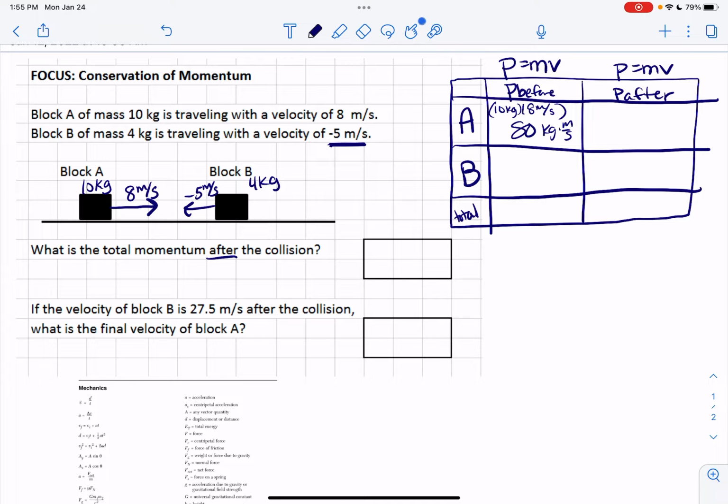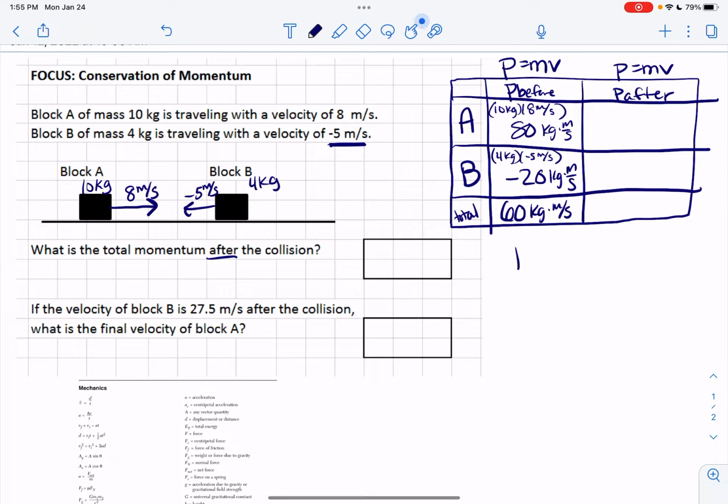For block B, it's 4 kilograms times -5 meters per second, and that gives me -20 kilograms times meters per second. Then to get the total, we add them, and since one of them is moving to the left and one of them is moving to the right, we end up subtracting them and we get a total of 60.